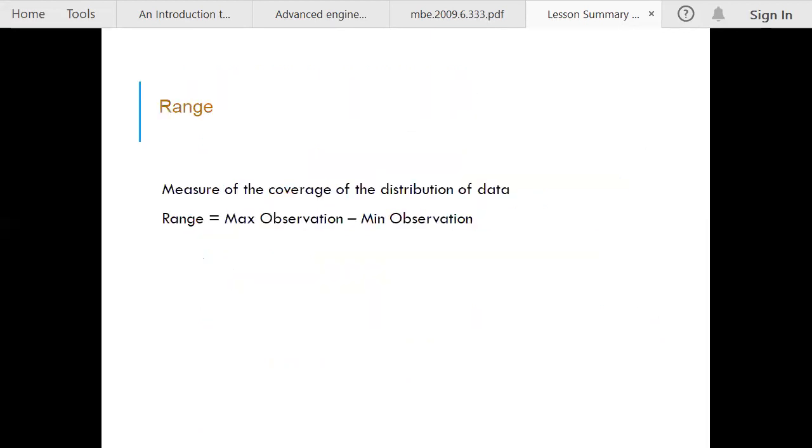And we said the range looks at the coverage of the data. So if you have your smallest observation and your largest observation, it tells you what lies between them.